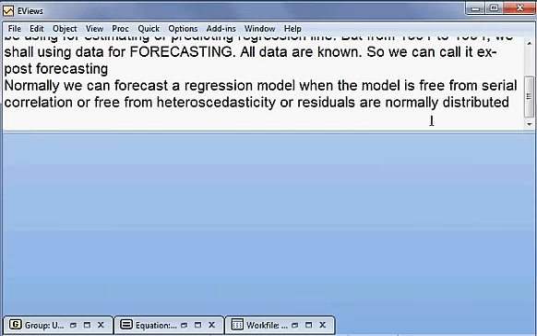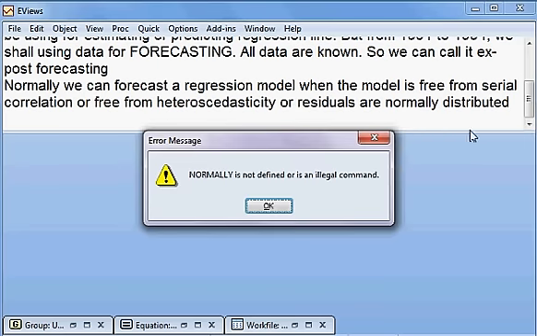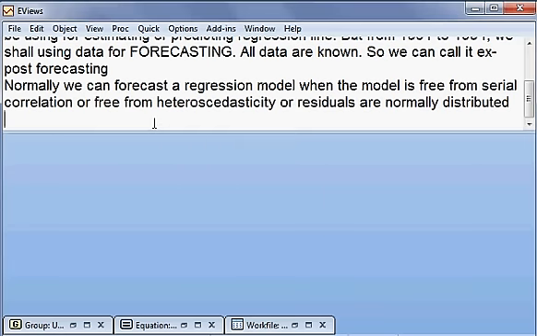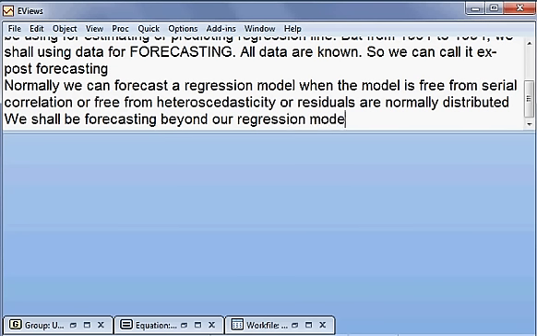So what happened last time? Now actually here we shall be forecasting beyond our regression model data, right?